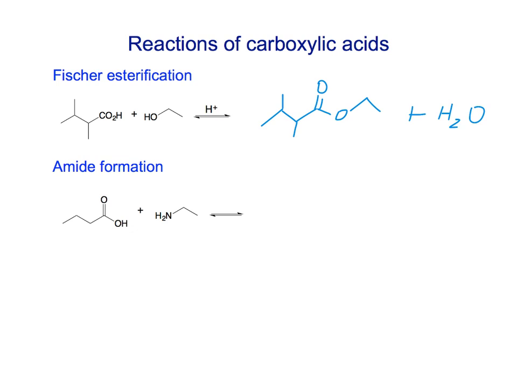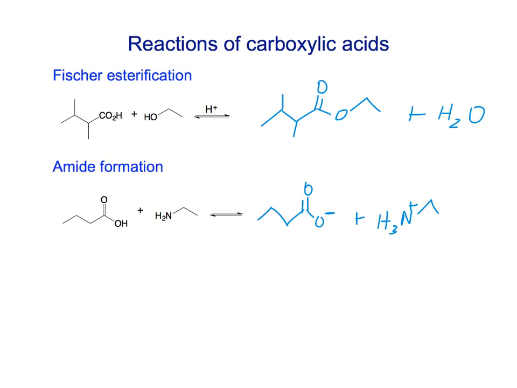So if we want to start with an acid and make an amide, what's going to happen if we mix this carboxylic acid with this primary amine? It's just going to do acid-base chemistry. We have an acid, we have a base, and we get our conjugate base plus conjugate acid.